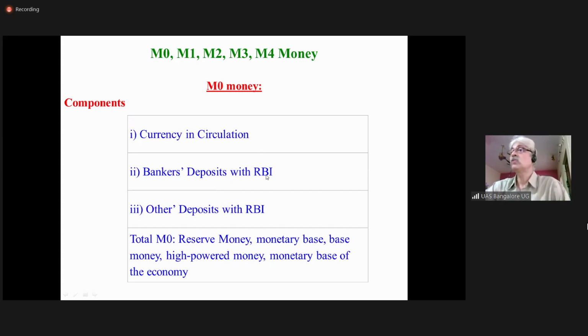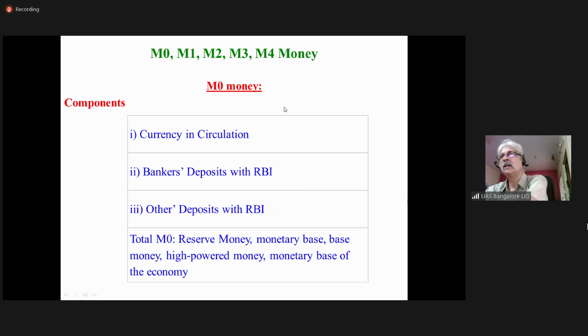Bankers deposits with RBI. All the banks deposit money with the Reserve Bank of India. That is also part of M0 money. Other deposits with the RBI, other than banks: any organization, the government, deposits money with RBI.